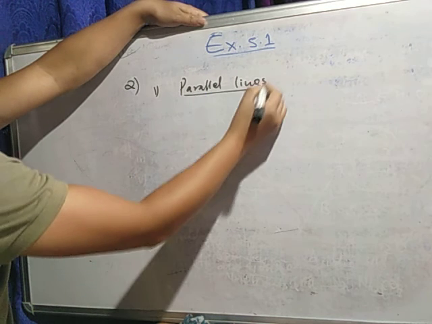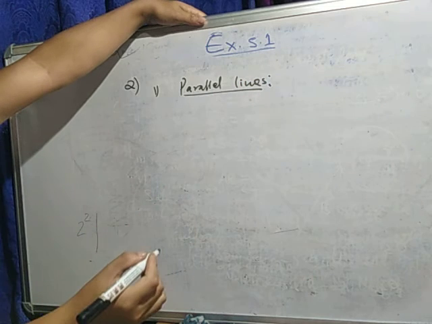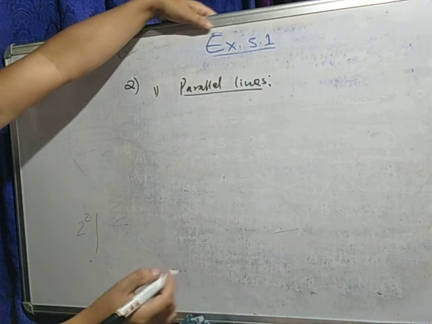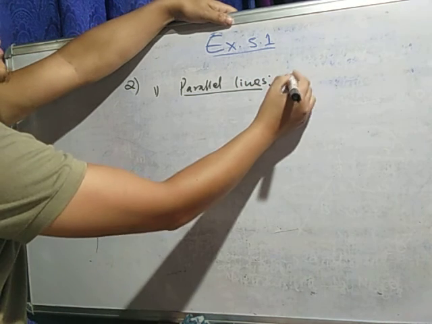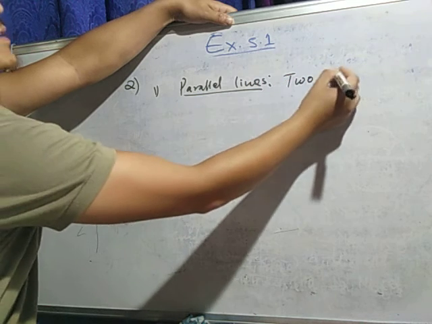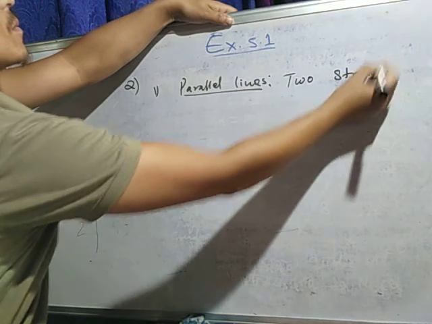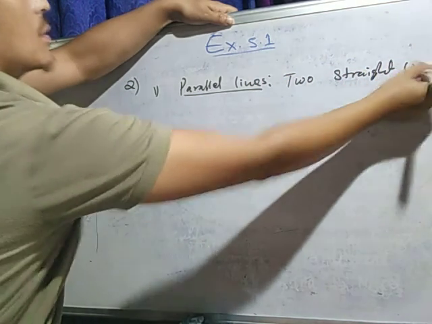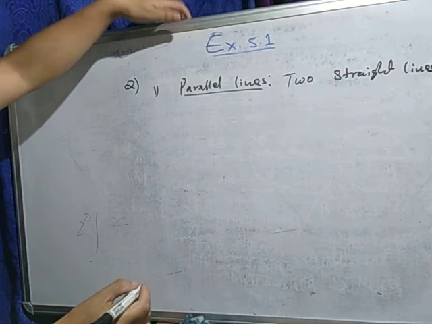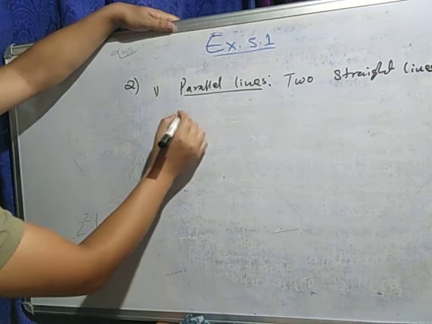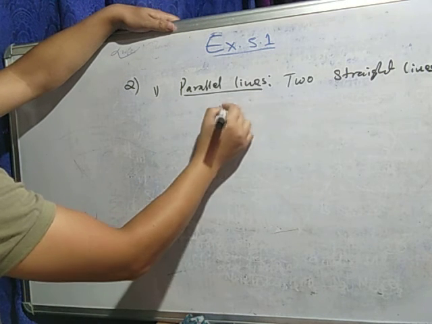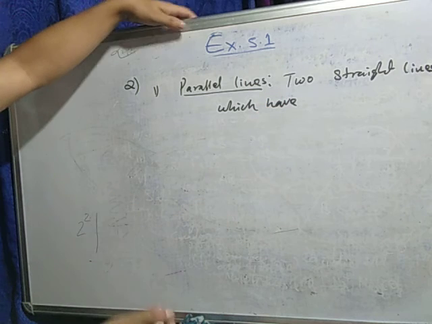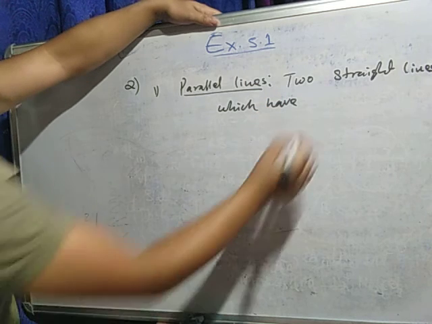Definition: Two lines are said to be parallel if they are straight lines which have no point in common.